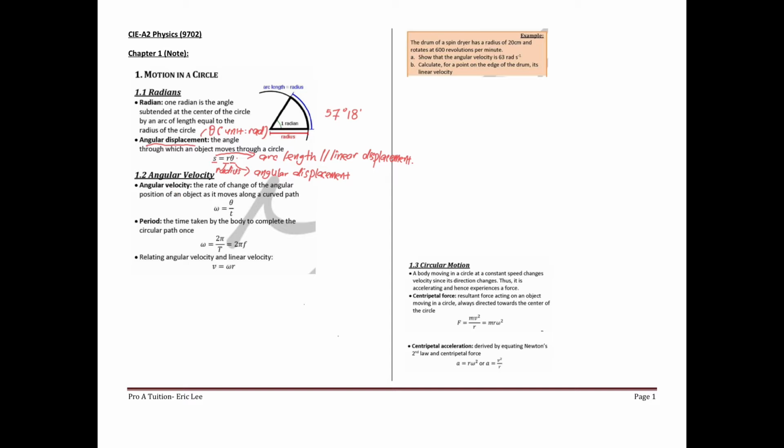If you have displacement, let's say S as the displacement, and if you divide by time, then you will get velocity. Displacement divided by time is velocity. The SI unit of displacement is meter, and the SI unit for velocity is meter per second.